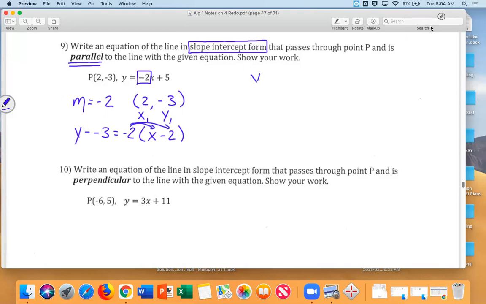That gives me y plus 3, because two negatives make a positive, equals -2x plus 4. Sophie, you okay? Yeah. And then I simply subtract 3. So y equals -2x plus 1. And that's my final. Hope, doing all right? Okay.